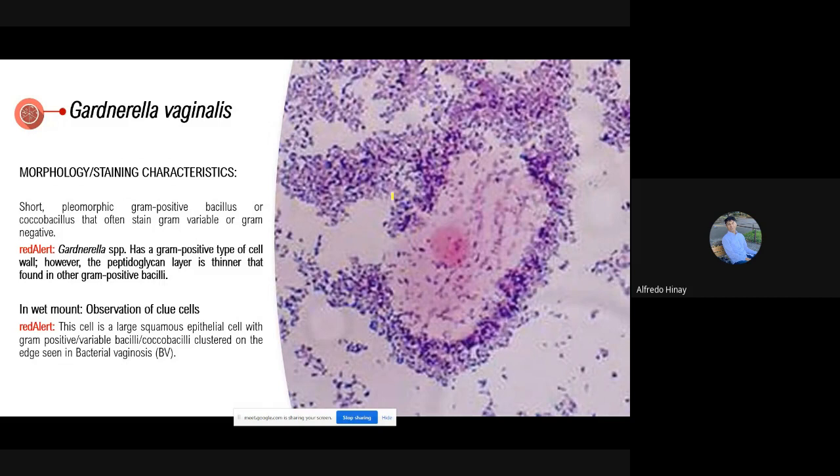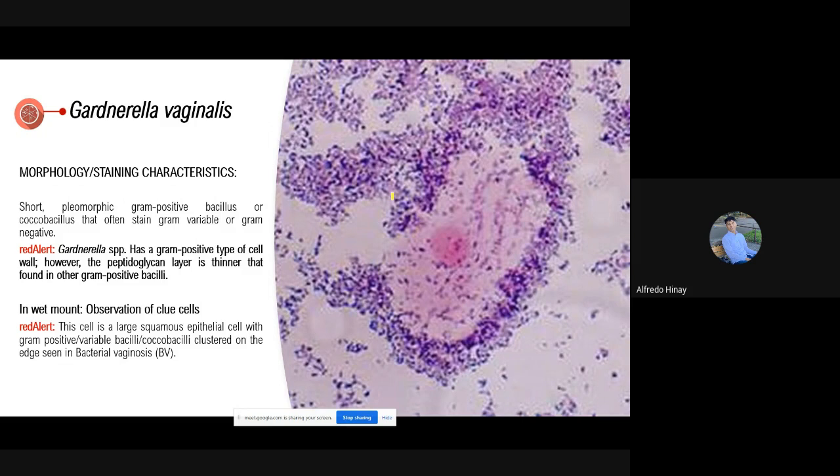Okay? So red alert tayo here, Gardnerella species has a gram-positive type of cell wall. However, the peptidoglycan layer is very thin. Kaya nagkakaroon tayo ng false negative result class. Kaya we always classify your Gardnerella vaginalis as gram-negative or gram-positive.